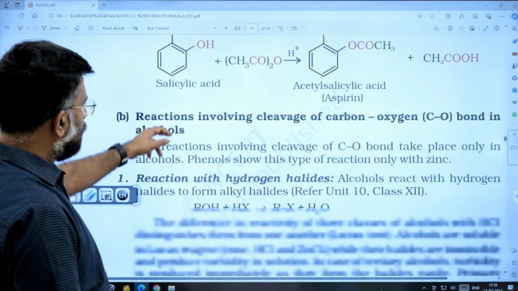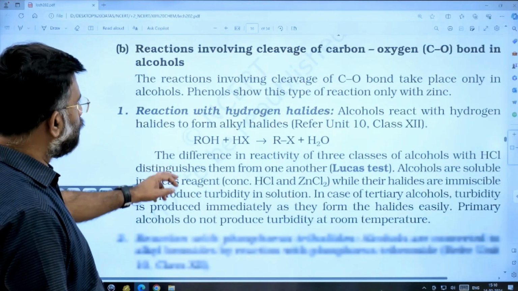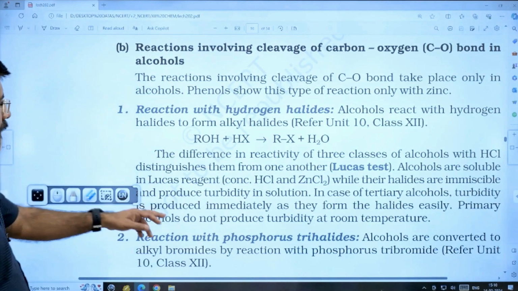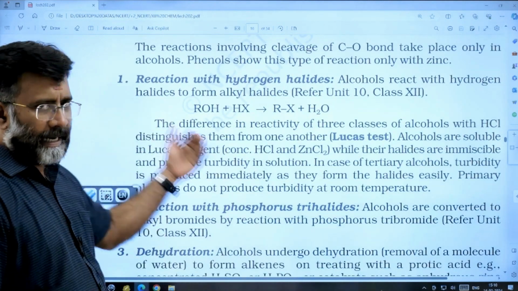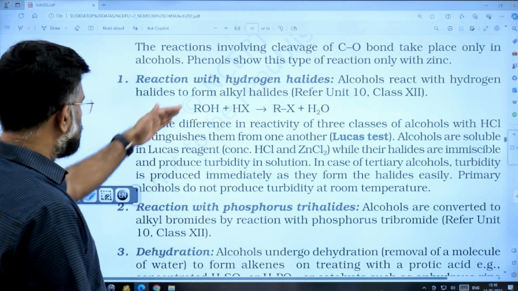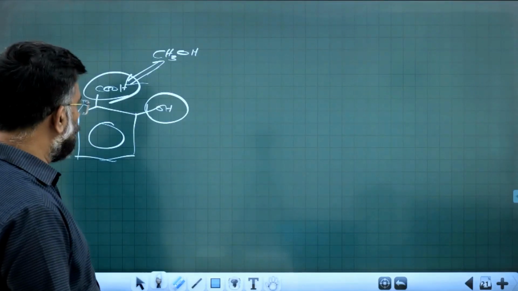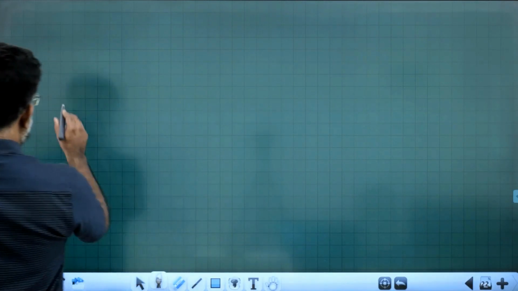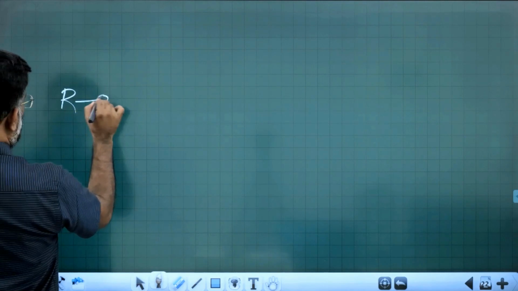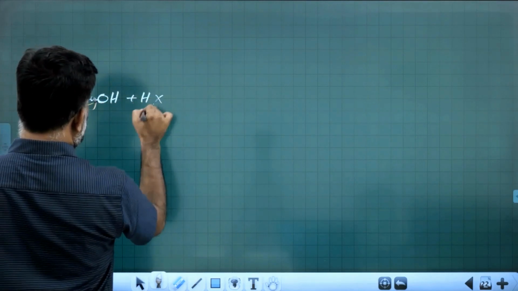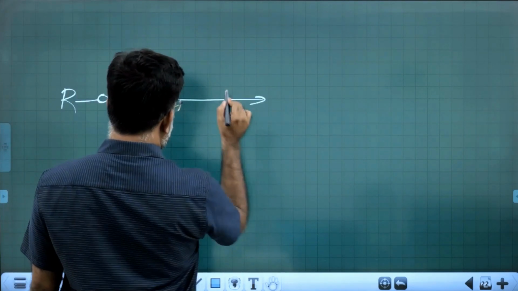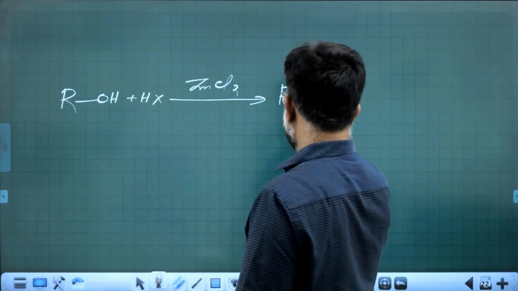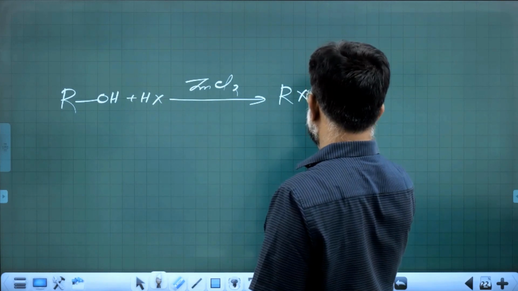That's about esterification. Now, next is reaction with hydrogen halide. It is already dealt with in the previous chapter. How alcohol reacts with hydrogen halide: ROH interacting with HX in presence of anhydrous zinc chloride, you get RX plus H2O.